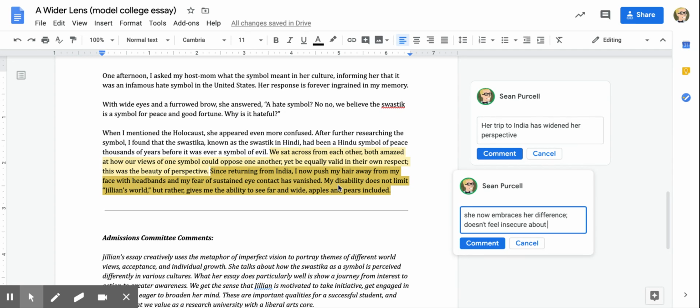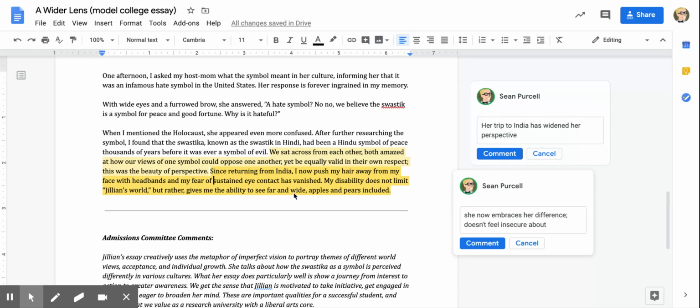It's more subtle than that and more effective than that, because she keeps her point personal. She keeps the point about herself, right? I now push my hair away. My fear of sustained eye contact has vanished. My disability doesn't limit Gillian's world, but gives me the ability to see far and wide.